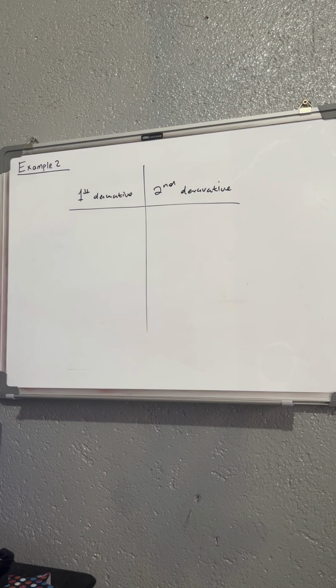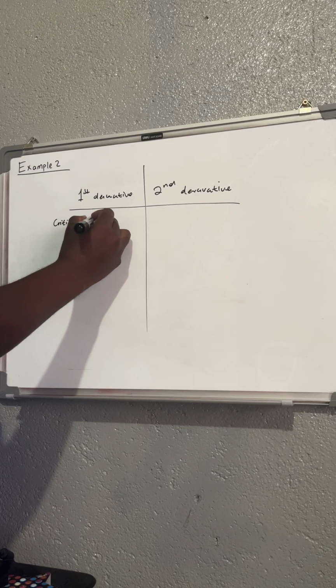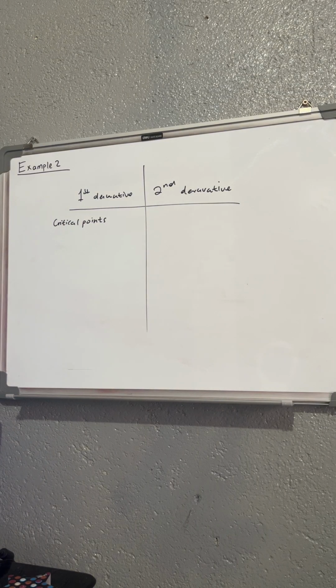You can be asked to determine your critical points. They give you a quick function in your MCQ, then they tell you to find your critical points. You find your critical points by doing your first derivative.